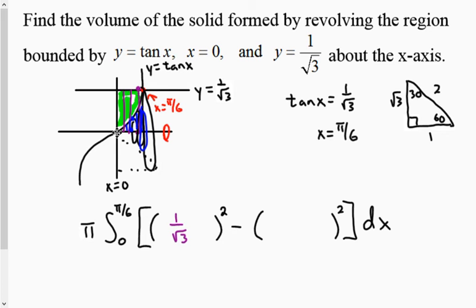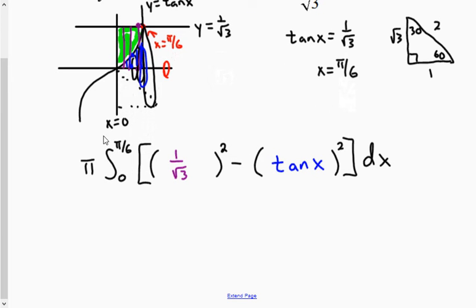But when we're on this curve here, y is tangent of x, and on the x-axis y is 0, so my little radii are just tangent of x. All right, so we really just got pi times r squared for our big circles, and then pi times r squared for our little circles, and then minus hollows it out, and then when we integrate from 0 to pi over 6, it adds all those areas together and gives us the solid volume.